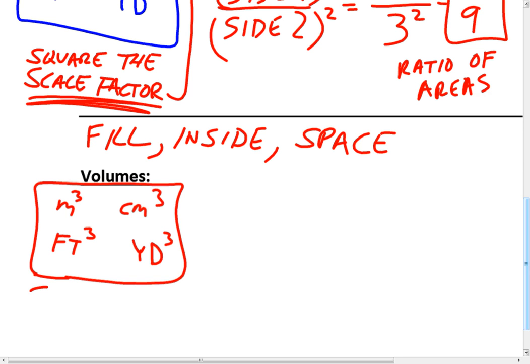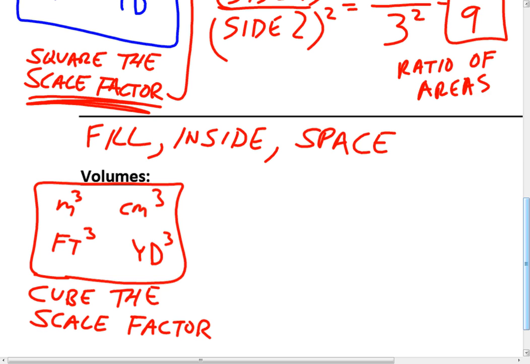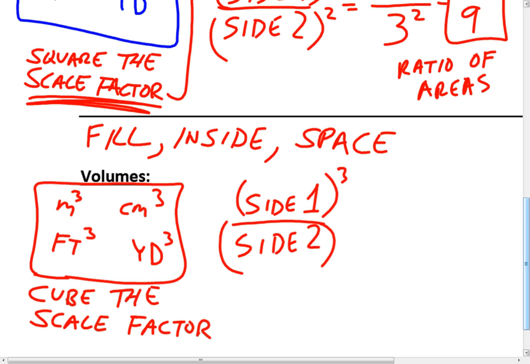So, cube the scale factor. In our case, and in most cases, you're going to use sides to do that. So I'm going to take side 1 and side 2, and I'm going to cube them. You can either take the exact sides, or you can take the reduced scale factor.